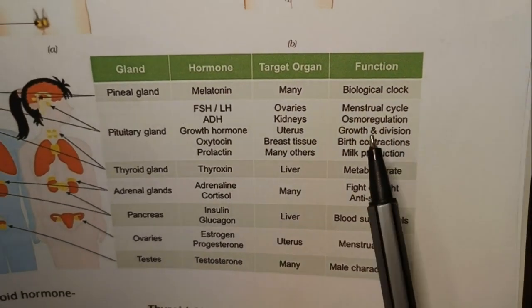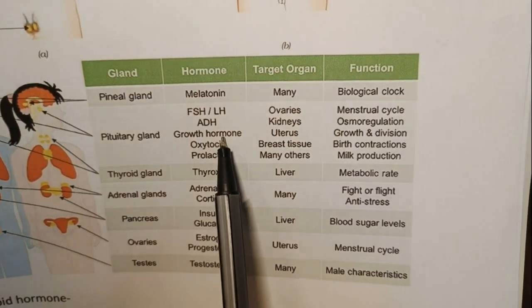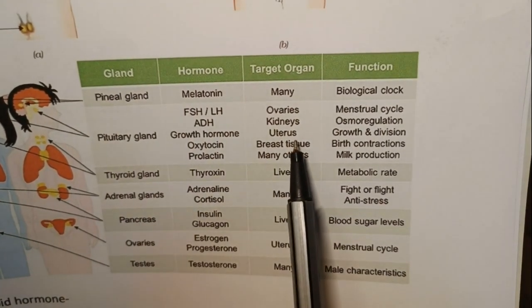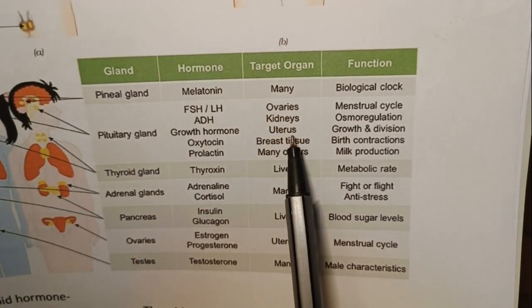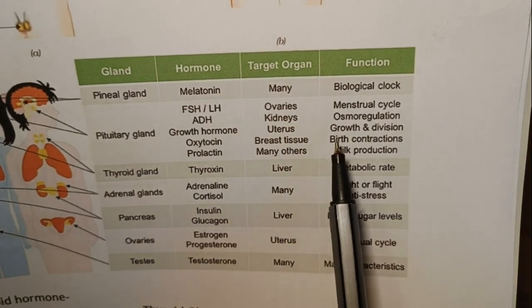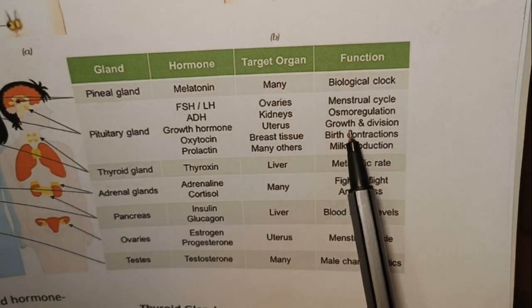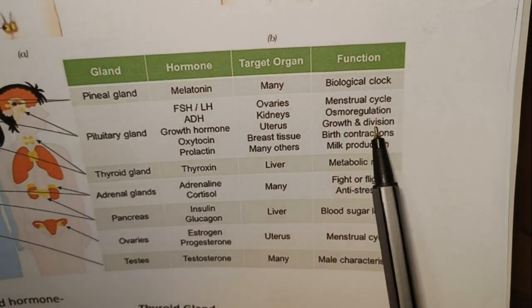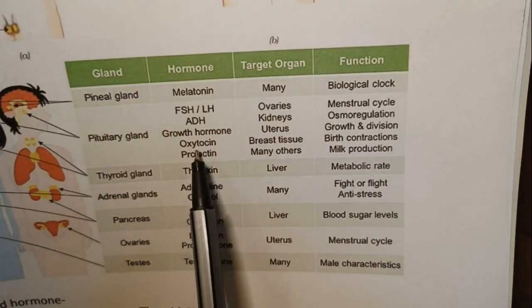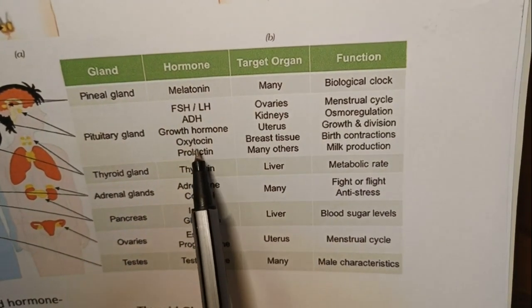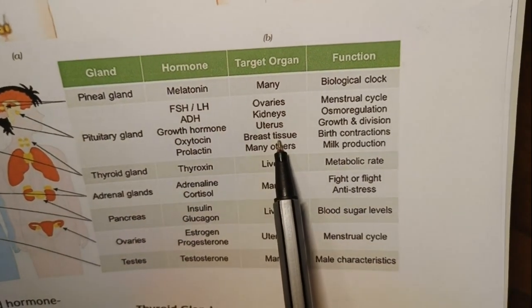Okay. Now growth hormone works on various organs along with the uterus and other organs. It works on almost every part of the body, and is important in growth and division. Oxytocin works on breast tissue.